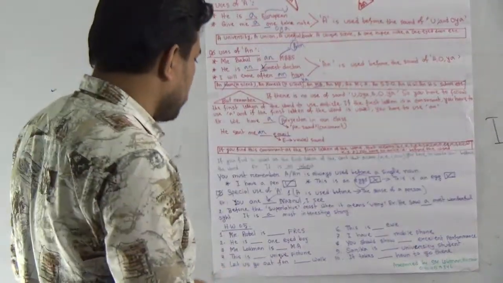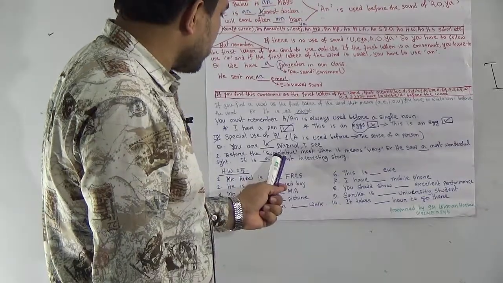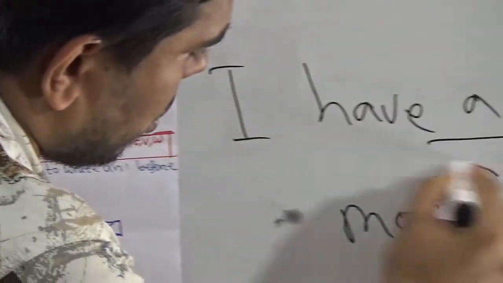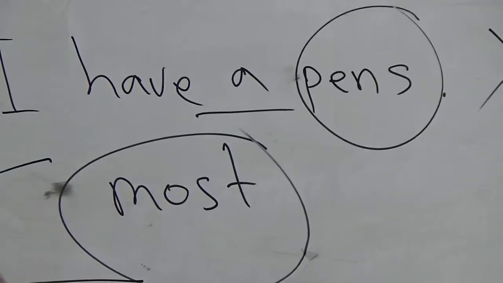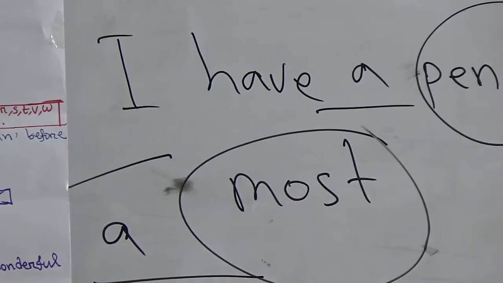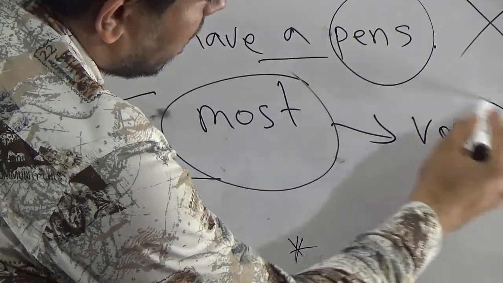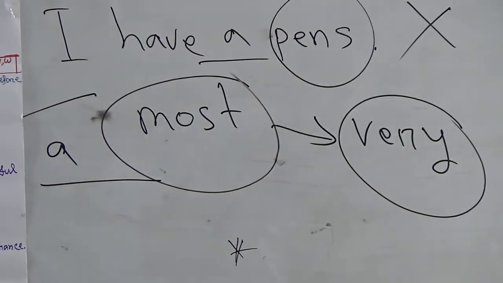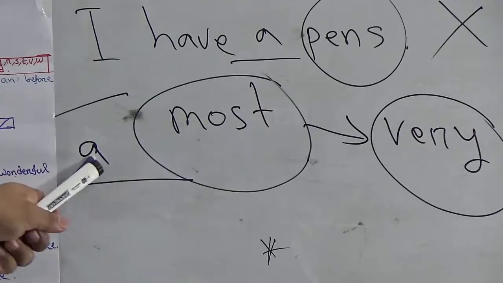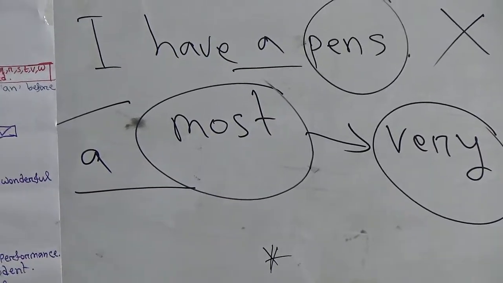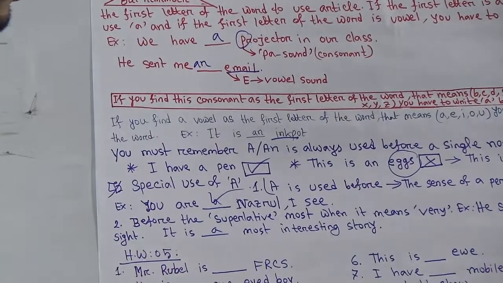Okay. Next one is, a is used before the superlative word most. Most with superlative degree, before this word you should use a when it indicates the meaning very. See example, it is a most interesting story.